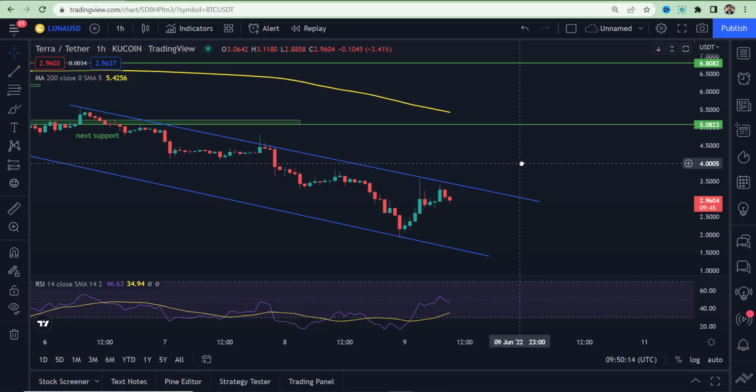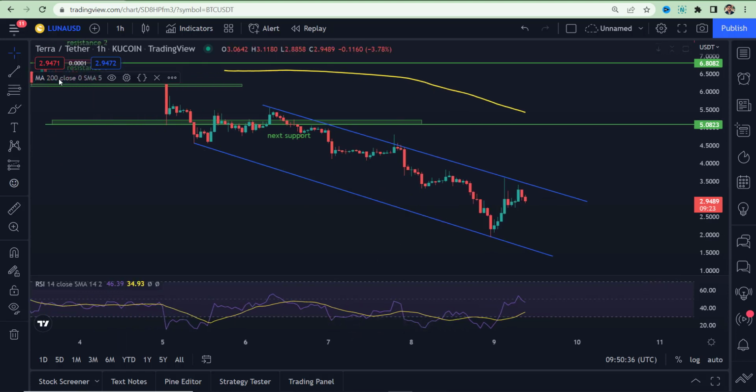So as I was telling you, if Luna was to show any kind of rally and was supposed to move up a little bit, this would be the immediate place that would come in handy for Luna. Like it would be the place that would stop its rally and would act as a resistance, which has acted as a support before that as well, and will be acting as resistance now.